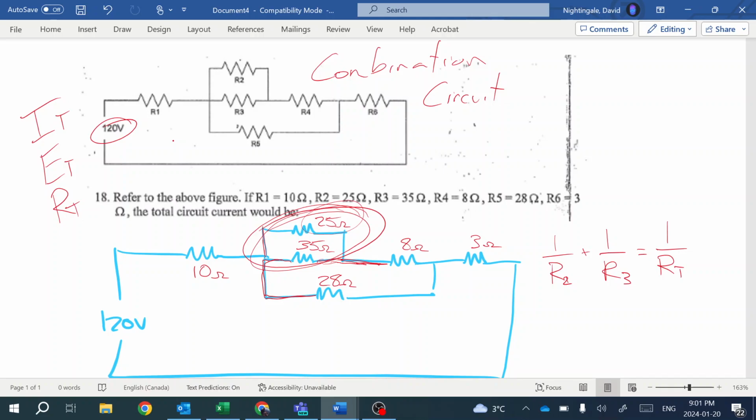But the easiest way I like to do it when there's only two resistors in parallel is use the product sum method. So you can take the 25 ohms, multiply it by 35, and then take those two values and take the sum and then divide it.